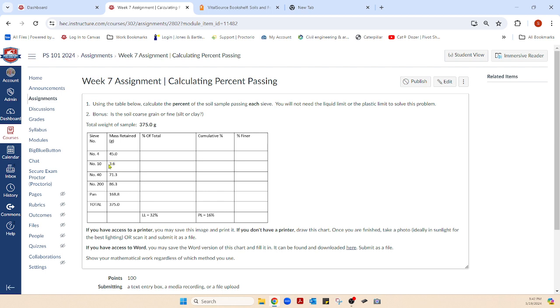When you get to the next one, the number 10, you take the mass retained divided by 375, multiply that times 100, and whatever percent that is, put it there and add it to the one before, this cumulative one. And you'll come up with these and take 100 minus each cumulative percent, and that gives you your percent finer, or you can call it percent passing. Okay, good enough.